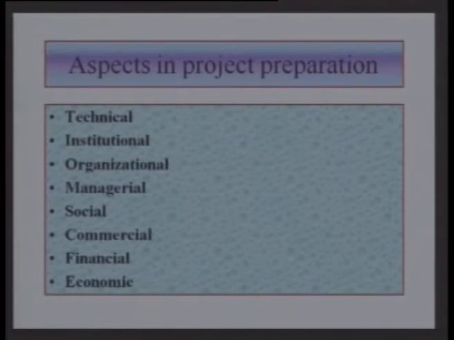The managerial capacity of the people, the beneficiaries and the implementers, whether they are sound enough or need to be improved, needs to be taken care of while undertaking a project. If that is not there, then it should be improved. Then social institutions, whether they accept the particular product which will be developed from the project or not, need to be taken into consideration. Then the commercial, financial and economic aspects also need to be considered, so that the project which is prepared is sound enough.